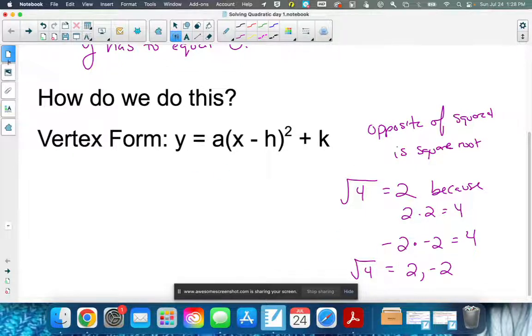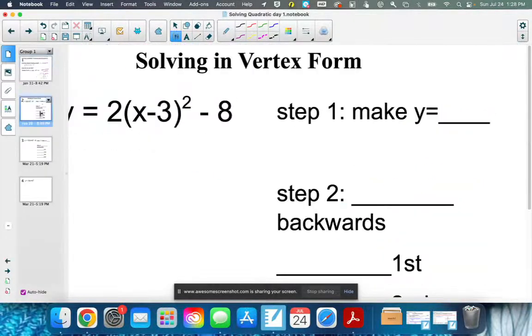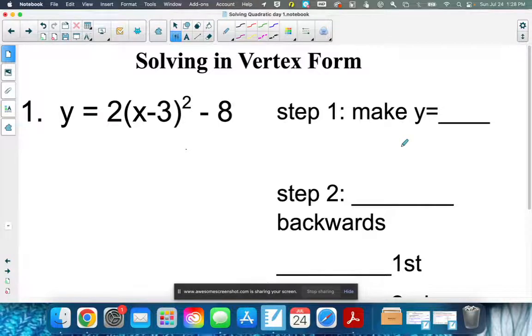All right, so let's go ahead and go through the steps. As I stated, step 1 is to make your y equal 0 because we are looking for the x-intercepts. So 0 equals 2 times x minus 3 squared minus 8.